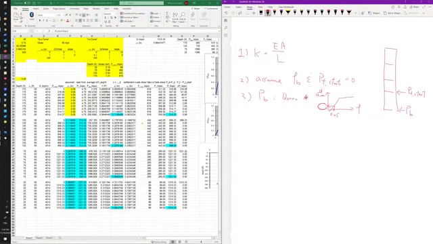Now we calculate the average between these 2 points. This number will be the half between the PB here and also the PT start. So that's step number 4, to find the average.